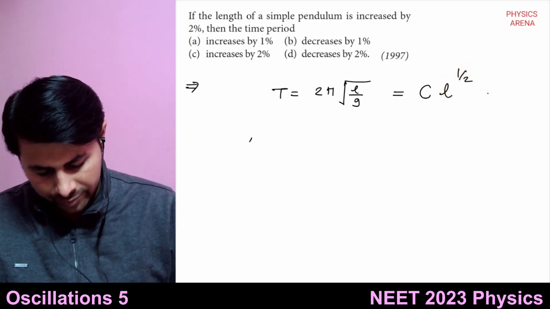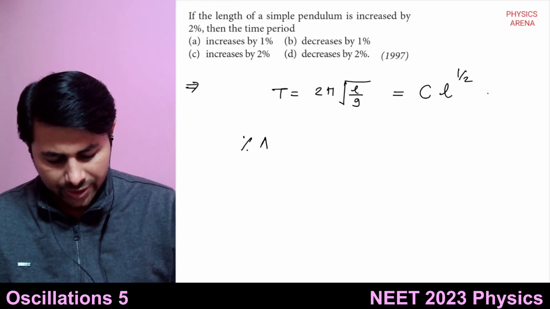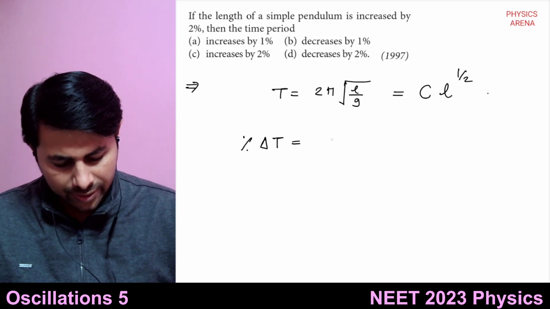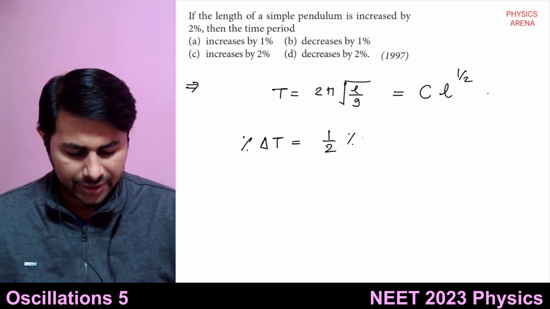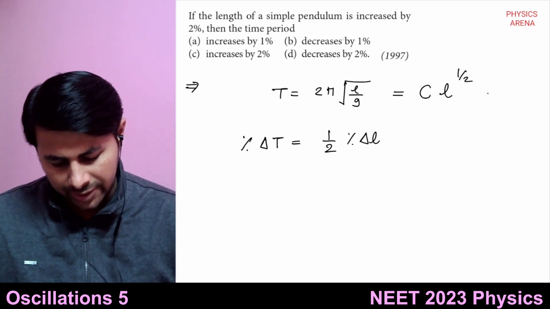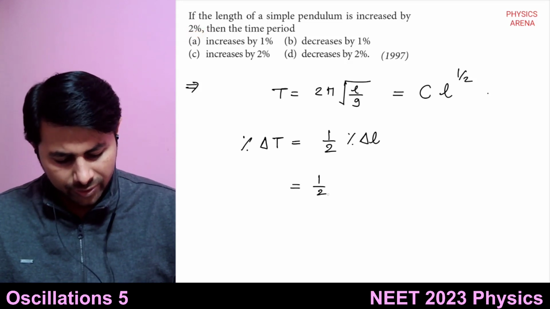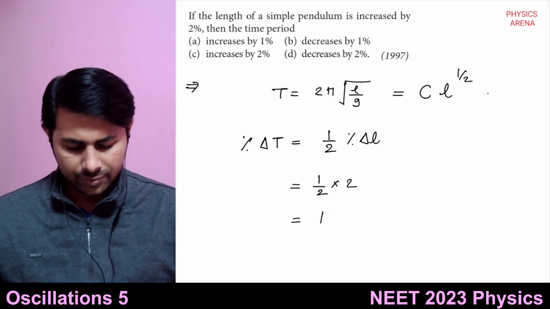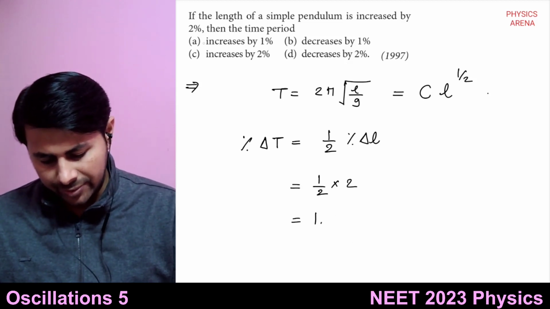So percentage change in T is equal to half of the percentage change in length. And how much is that? This is 2%, so it is half of 2. That's 1. It increases by 1.